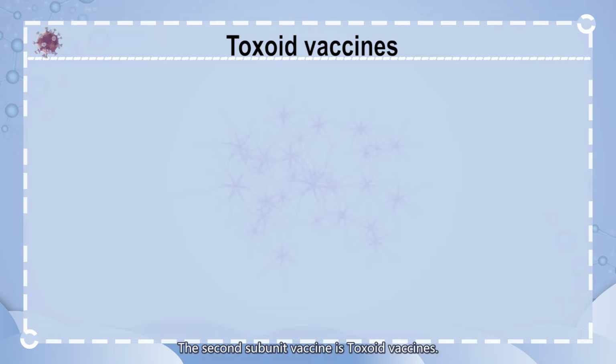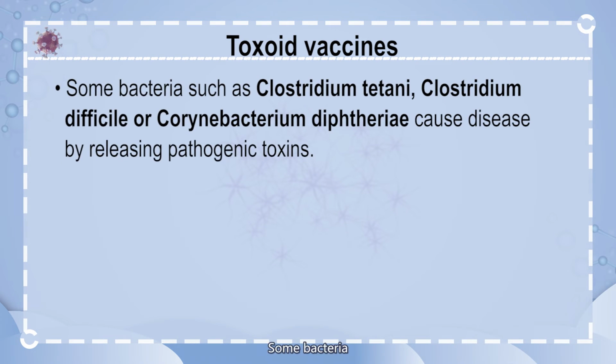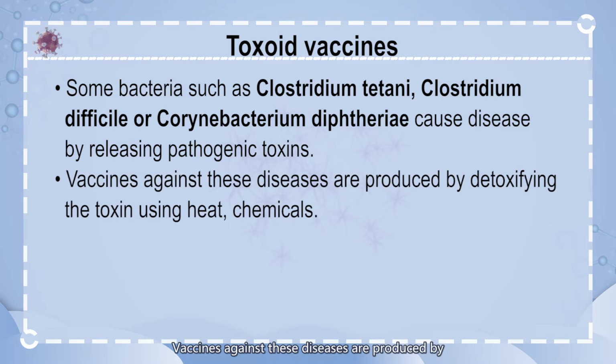The second subunit vaccine is toxoid vaccines. Some bacteria, such as Clostridium tetani, Clostridium difficile, or Corynebacterium diphtheriae, cause disease by releasing pathogenic toxins. Vaccines against these diseases are produced by detoxifying the toxin using heat or chemicals.